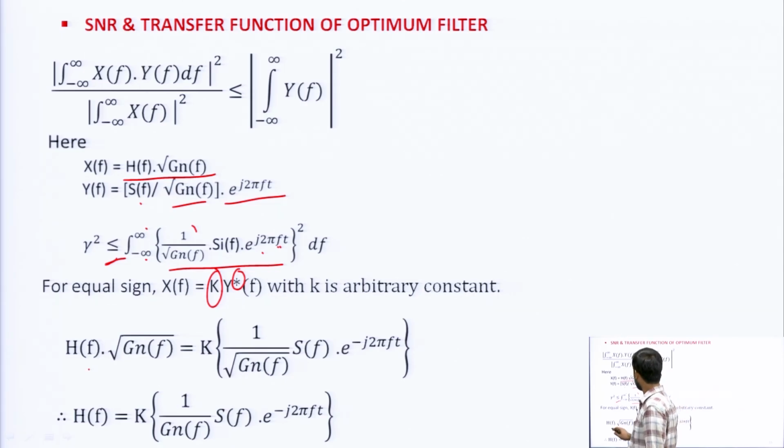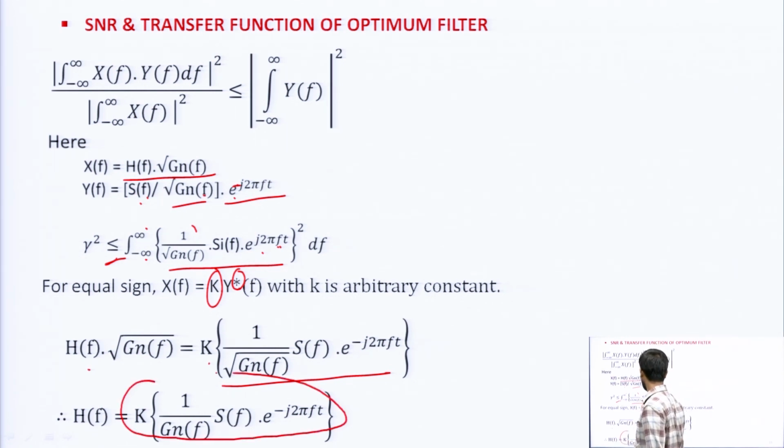So, H(f) multiplied by root GN(f) equals k times Y star(f). Y(f) is S(f) divided by root GN(f) multiplied by e to the j 2 pi f t, but Y star has e to the minus j 2 pi f t. So, H(f) equals how much? This will be the result for H(f).